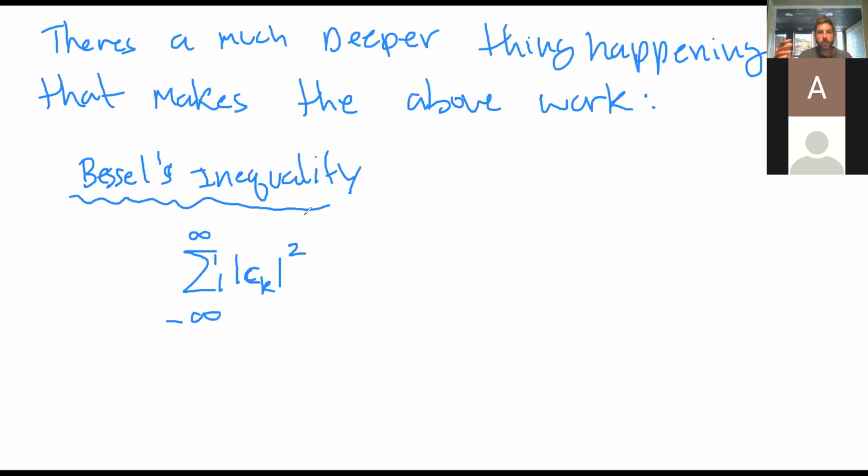The C sub k's are defined like we defined a couple classes ago. They're the integral of the function times the exponential. And this is always less than or equal to this integral. That's always true.